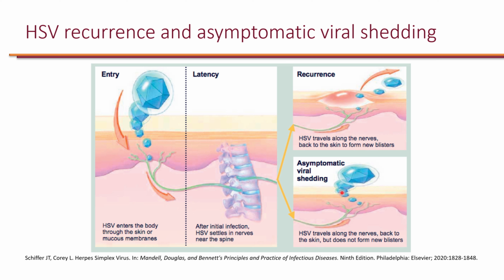And this causes a problem because it's easy to avoid transmission when there is an active lesion going on. People are unaware of asymptomatic viral shedding, and there's not much they can do to prevent this transmission when they have it.